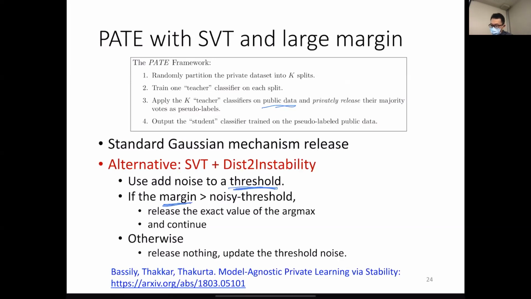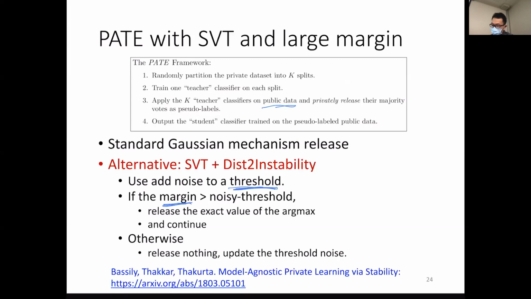If the margin is larger than the noisy threshold, then, let's say that in the above threshold algorithm the negative margin is above that threshold, but over here the sign doesn't matter.